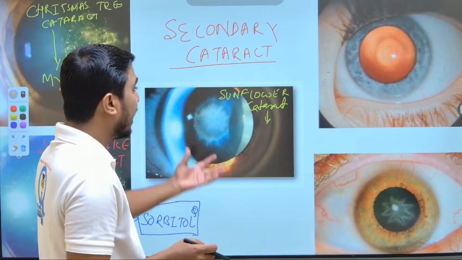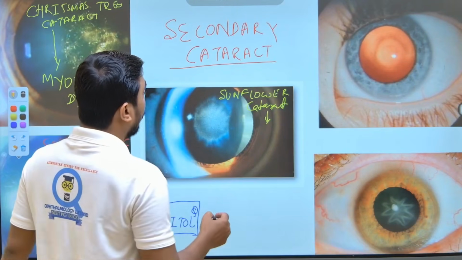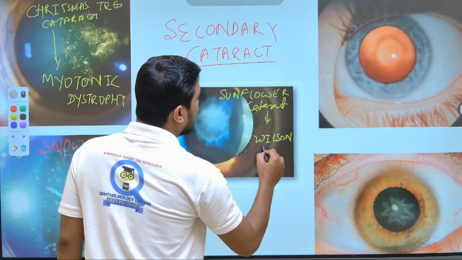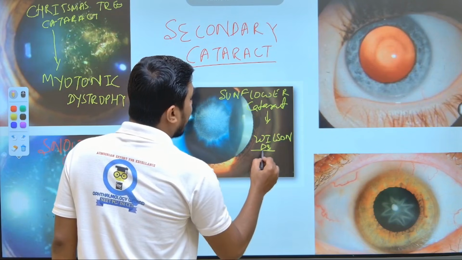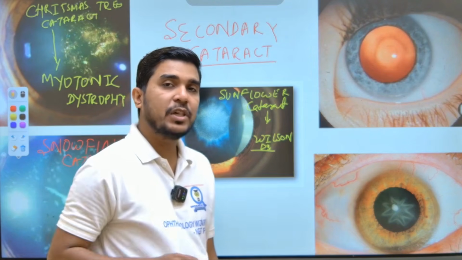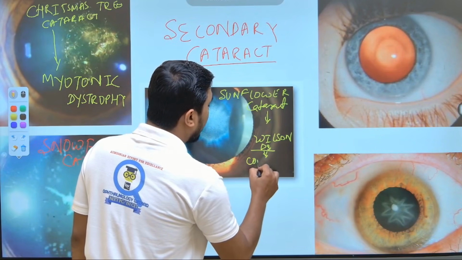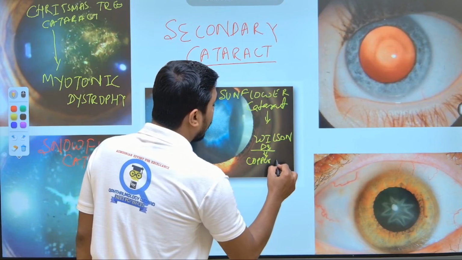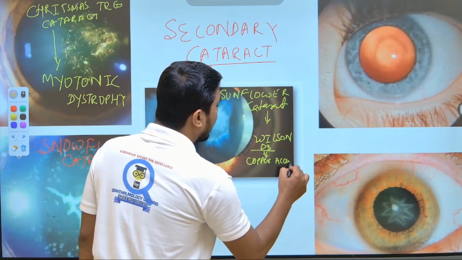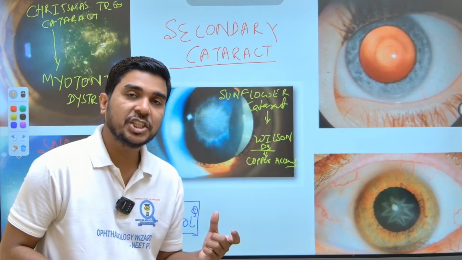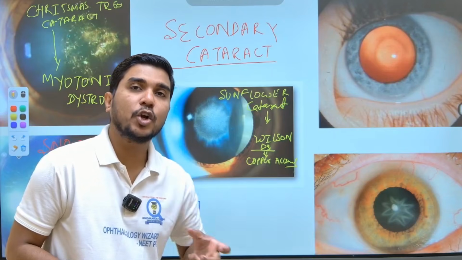Yes, you can diagnose Wilson disease by looking at the lens. Wilson disease. And what happens in Wilson disease? In Wilson disease, there is copper accumulation.